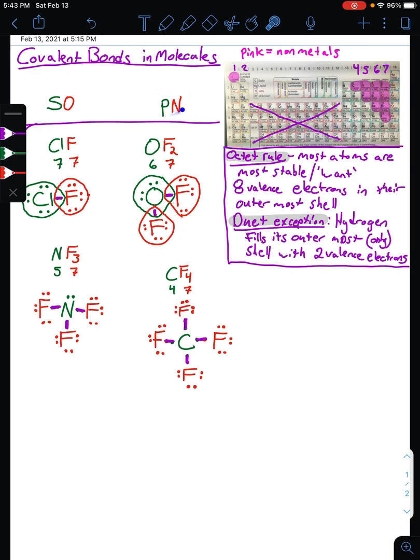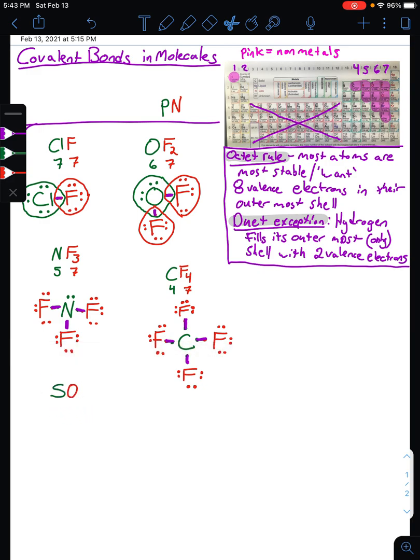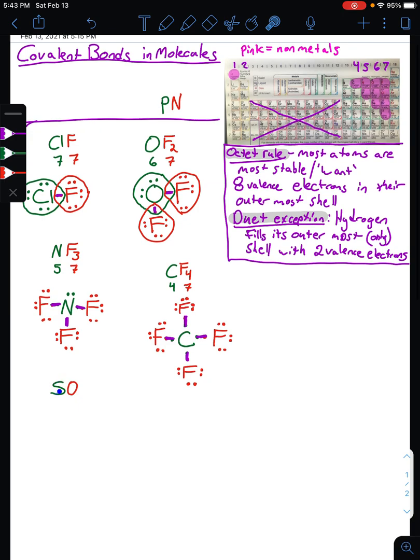The last 2 are going to require a little bit more creative thinking. If we look at sulfur and oxygen, sulfur's here and has 6 valence electrons. Oxygen is here and has 6 valence electrons. And we only have 1 sulfur and 1 oxygen. So we gotta be a little more creative.